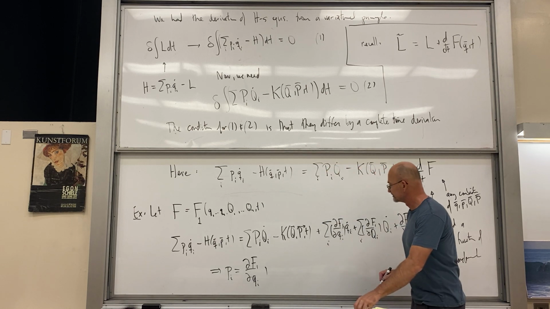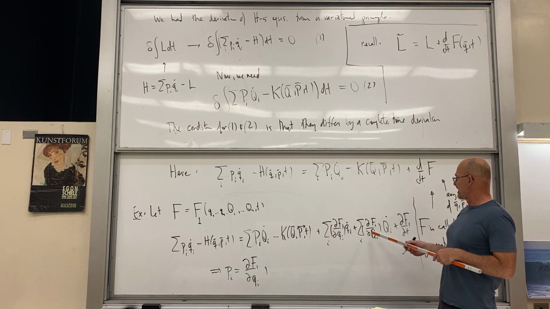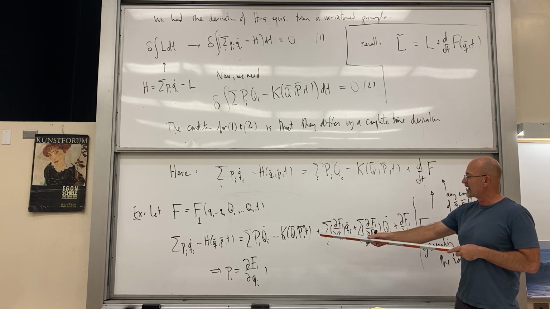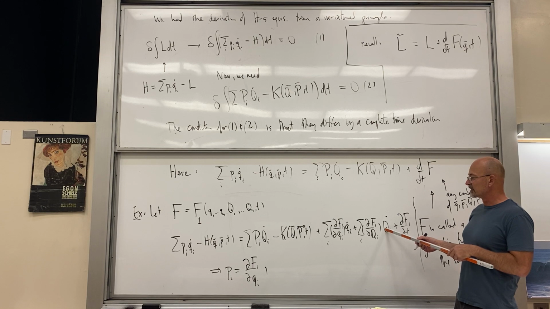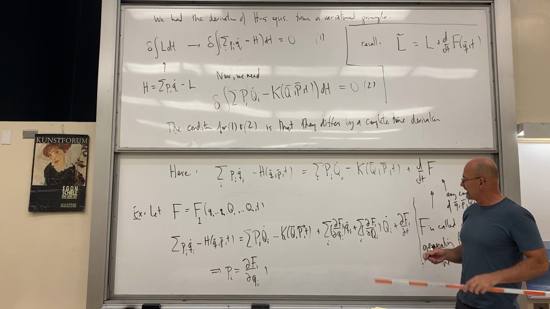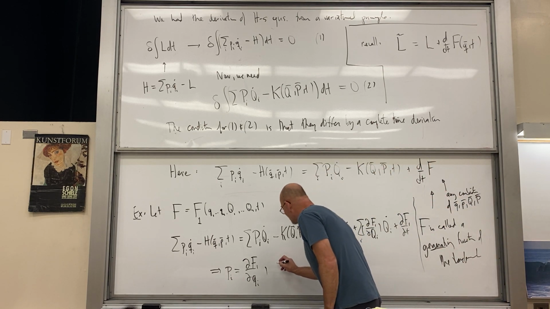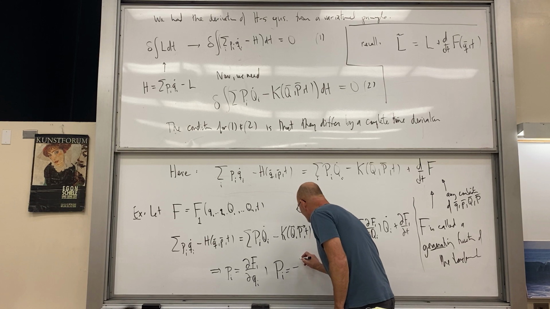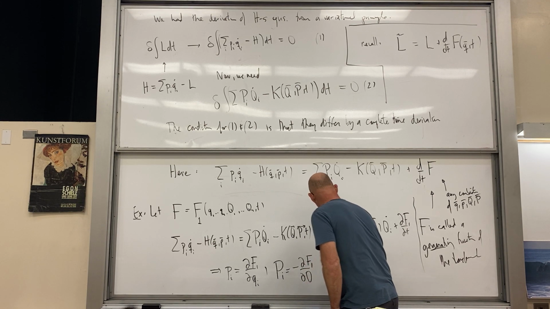That's the one. Then for the Q_i dot, those have to equal and cancel to get equality. So we'll have the new momentum P_i is minus df1/dQ_i.